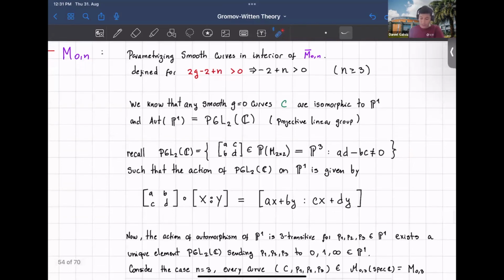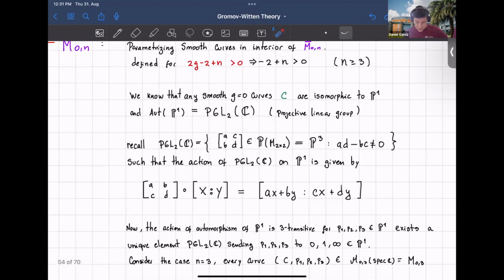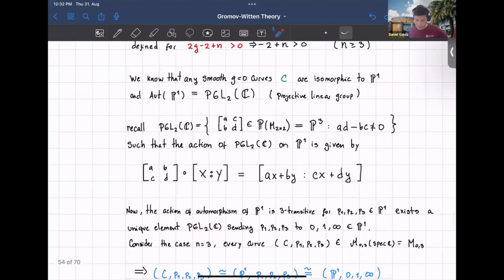So when you put the 3 marking points, basically you have 3 points over P1, and there exists a unique element sending the 3 points to 0, 1, and infinity. So these 3 points P1, P2, P3 are sent to these 3 points in P1, and then you can put a constraint on this in order not to be infinite up to automorphisms.